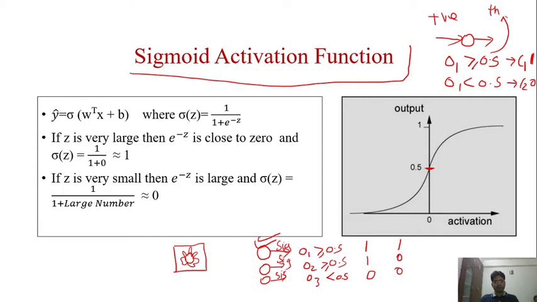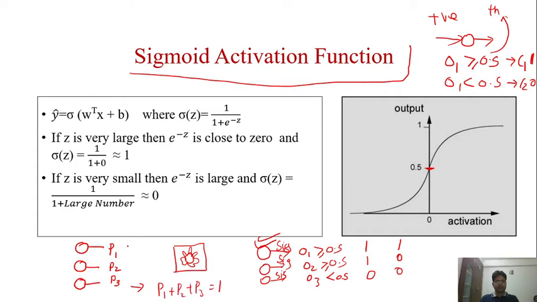In order to solve this, we can utilize probability distribution theory. Suppose in some way we are saying each neuron is giving the probability of a class. Let's say this gives probability P1, this gives P2, this gives P3, and based on probability distribution, P1 plus P2 plus P3 will equal 1.